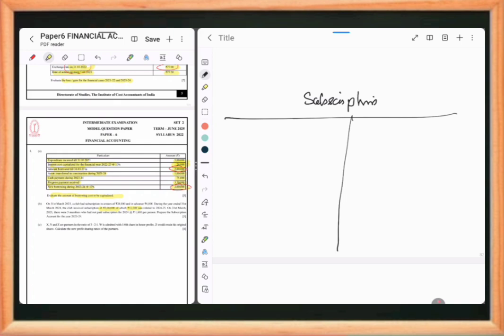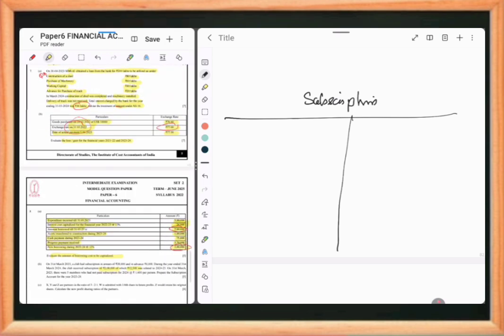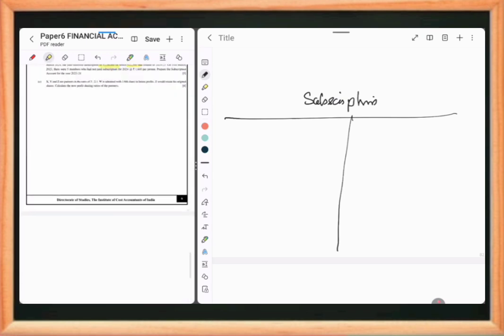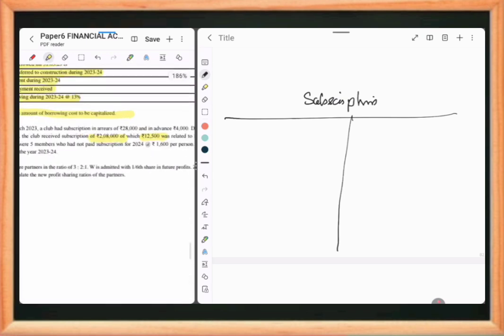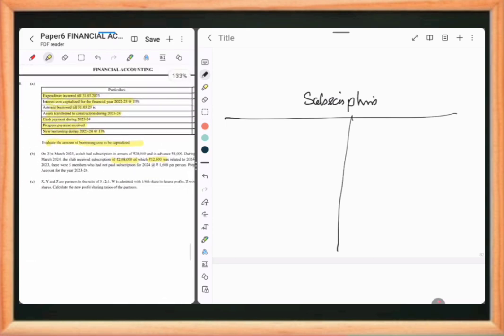Previous year's arrears, how much? 28,000. So it is to be mentioned as the opening balance. Previous year's arrears are to be mentioned as the opening balance, that is 28,000 given in the question. So it is the previous year's subscription receivable.